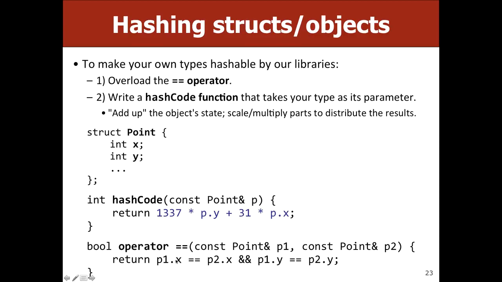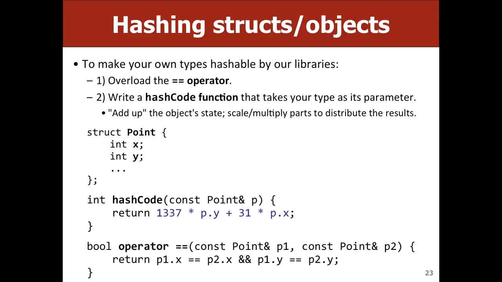The equals operator returns true if the two objects are considered equal in your eyes as the designer of that class. In this case, two points are equal if their x coordinates match and their y coordinates match, though you can think there might be different requirements. With the hash code, you have to think about how to combine the parts of your class.